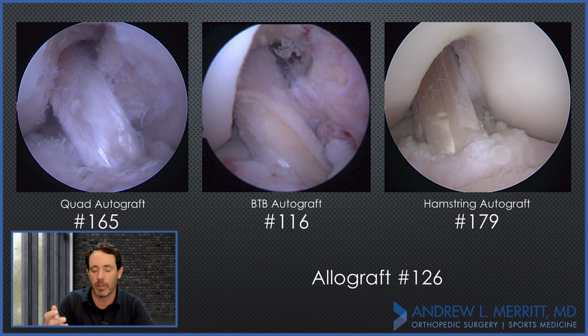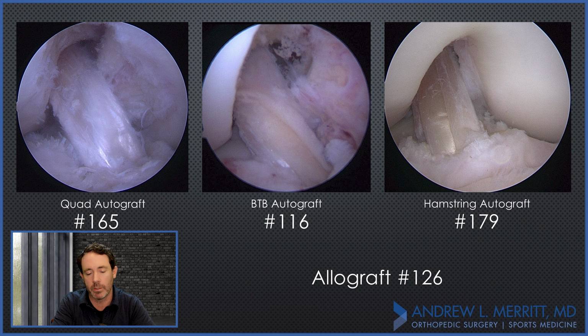Here are my numbers from the last few years. Again, I'm an advocate of finding a surgeon that does all of them, because since we all acknowledge that there's no best graft, that's well established, finding the best graft for you requires that consultation and discussion, and really seeing the pros and cons. So a surgeon that does all of them makes sense.